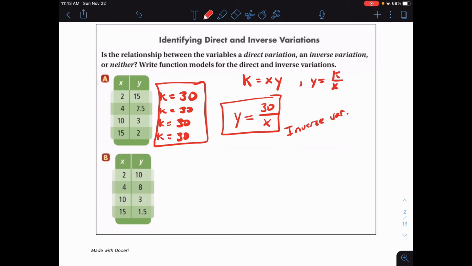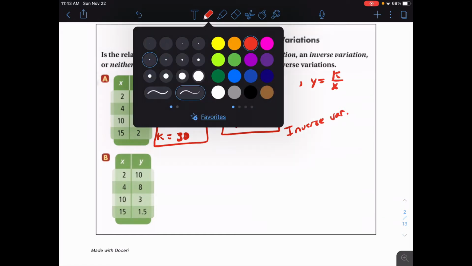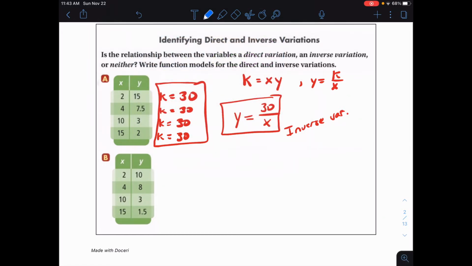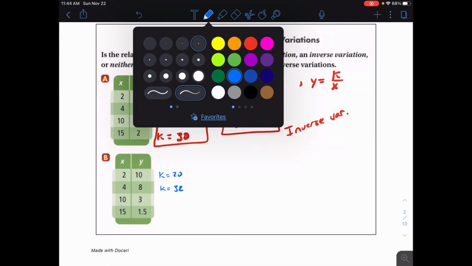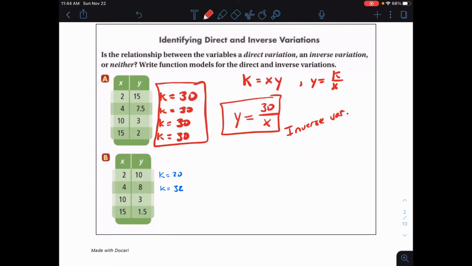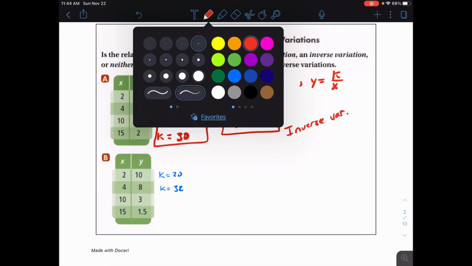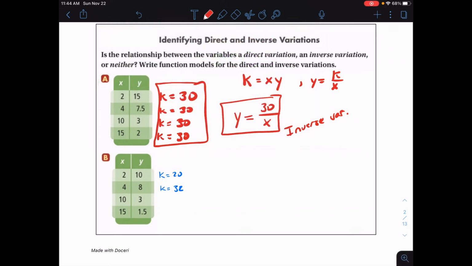All right, so here, same idea. Let's test for inverse first, because that's just what we're working with. To find k, we're going to multiply them together. So k in this case would be 20 for this one. This one is 32. Well, that fails already. It's not inverse. I can tell you that much right now. Since we know it's not inverse, the other option would be to test and see if we're dealing with direct. Direct variation, to find your k value, you divide y by x.